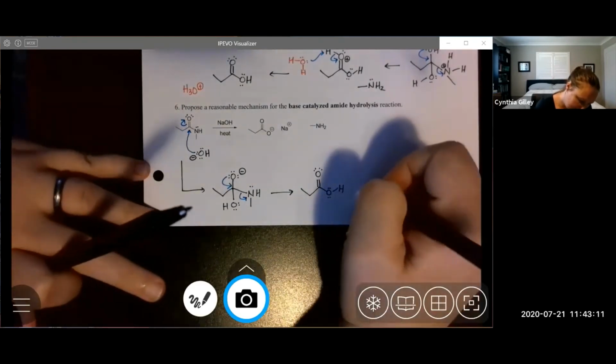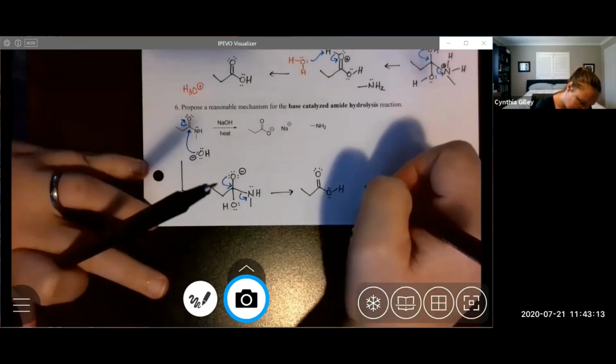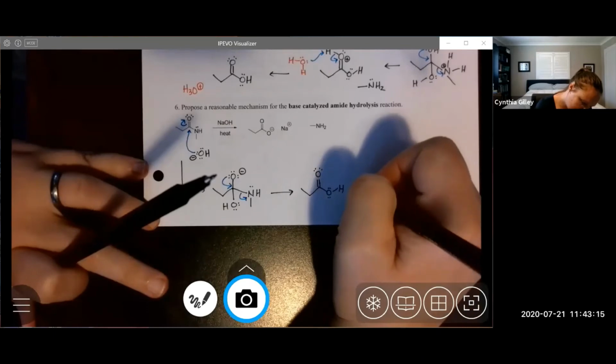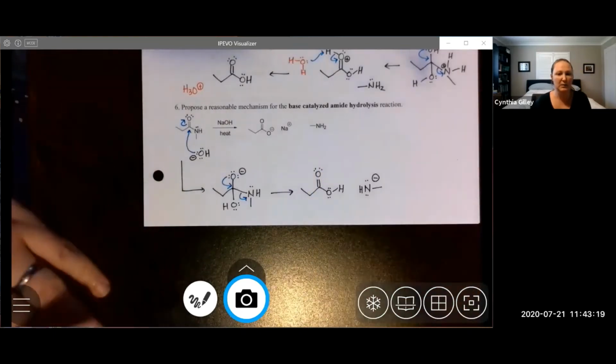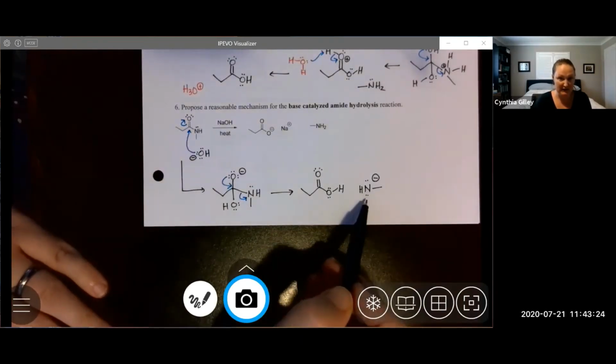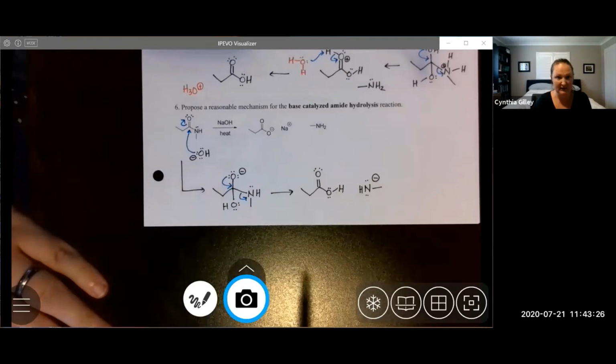Then as soon as you kick out your leaving group here, this is a strong base in the presence of a strong acid. There will be an immediate irreversible proton transfer that occurs.